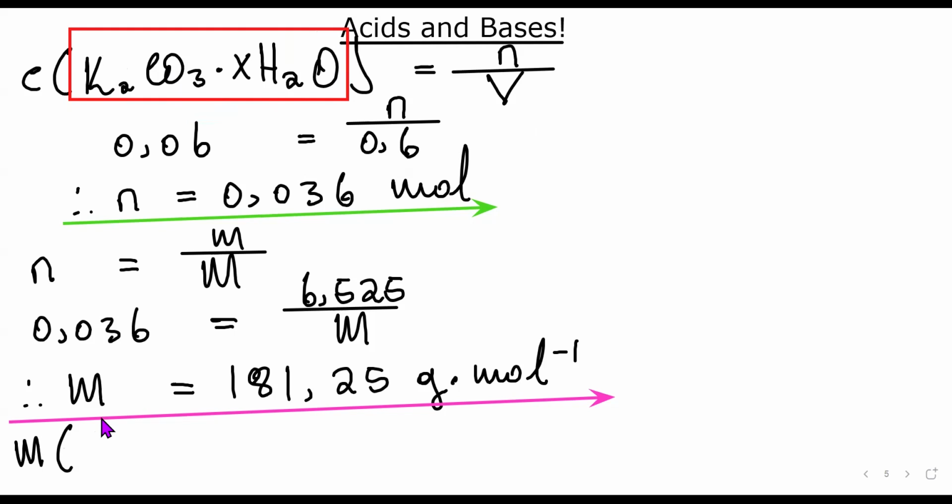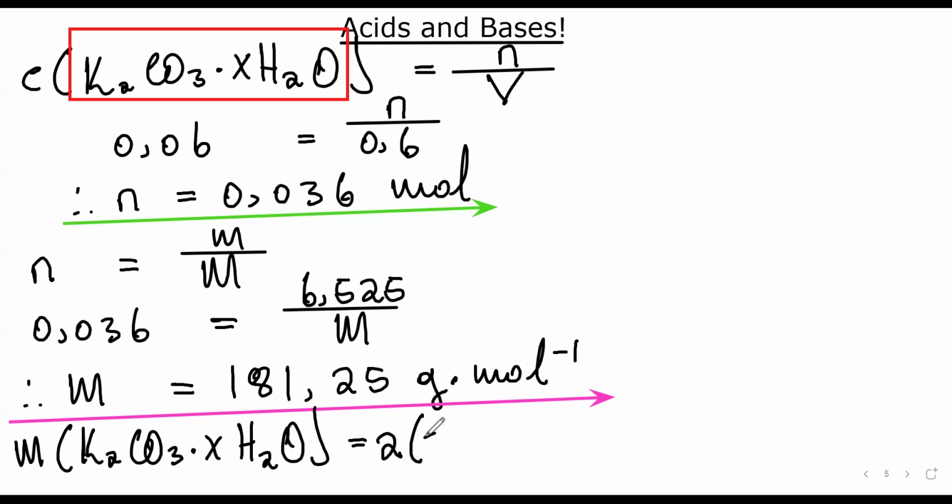So now we want to find the molar mass of this one. We know that we have 2 atoms of potassium, each with a molar mass of 39, 1 atom of carbon, 3 atoms of oxygen.